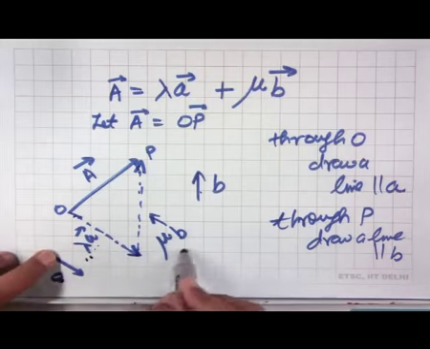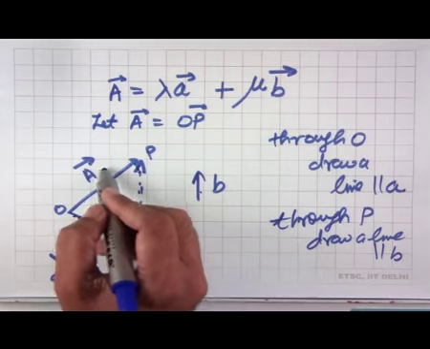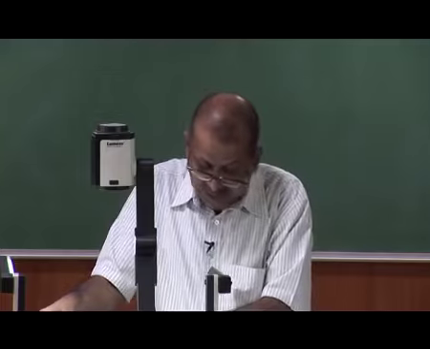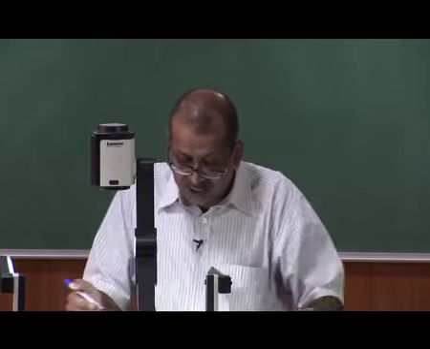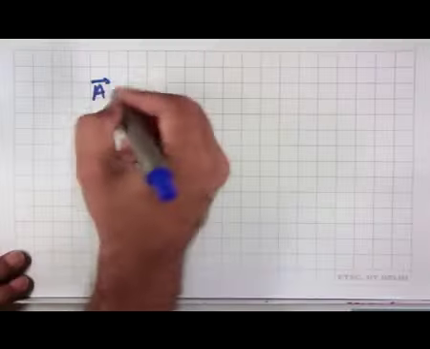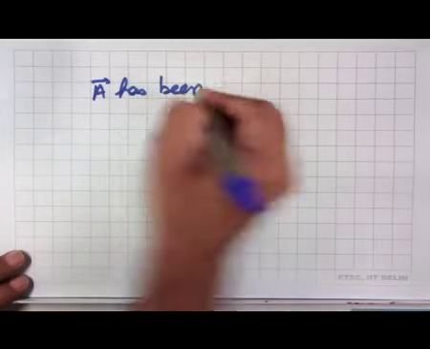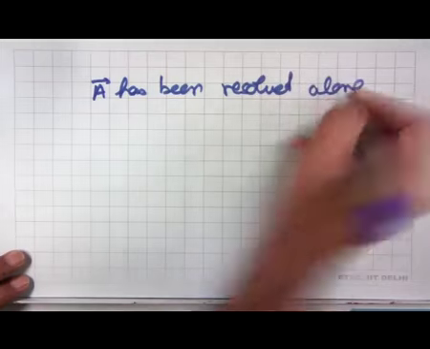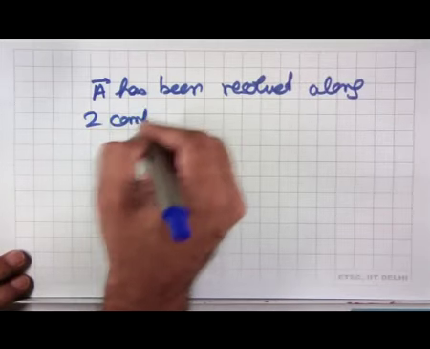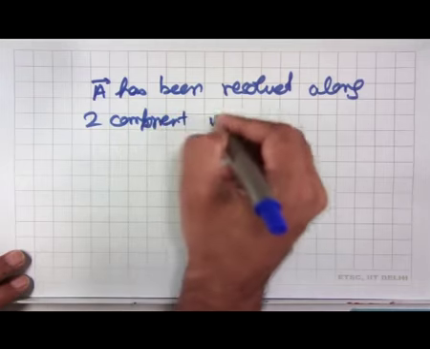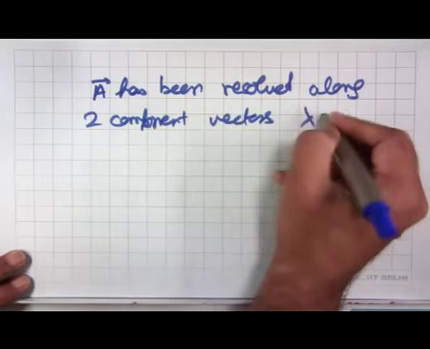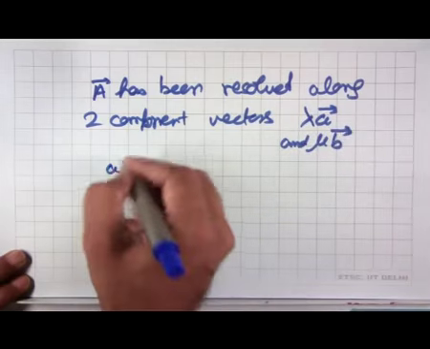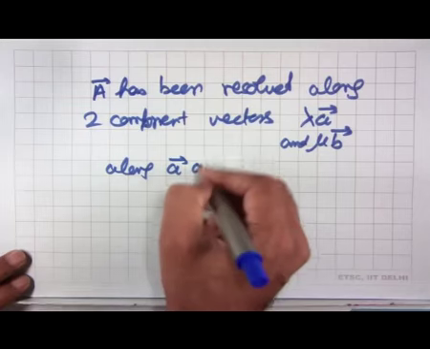So, lambda A plus mu B can be written as vector A, and what we say is that, once we do this, we say vector A has been resolved along two component vectors lambda A and mu B along A and B.